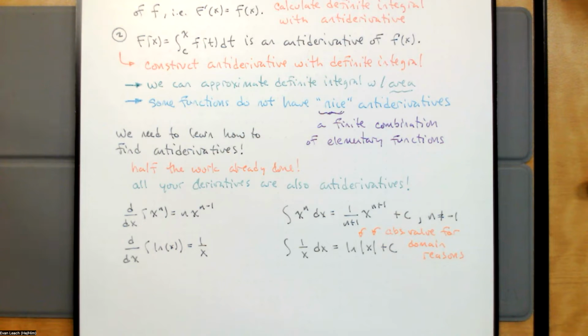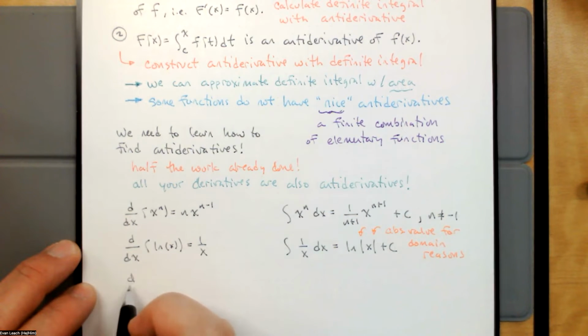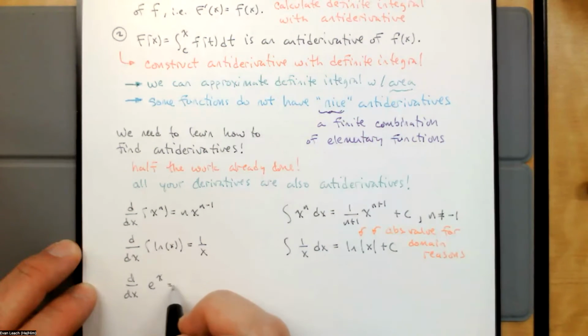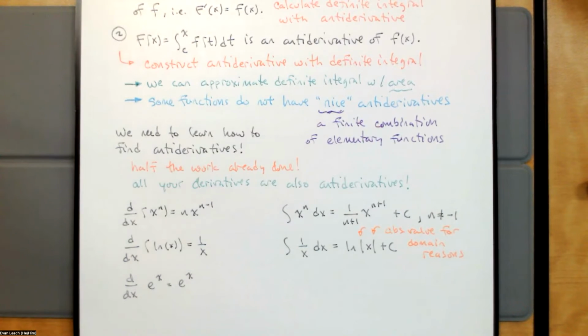So what we want to be able to do is take all of the derivative things that we have and make sure that they are also antiderivative things. So the derivative of e to the x is e to the x. The antiderivative of e to the x is e to the x plus c.